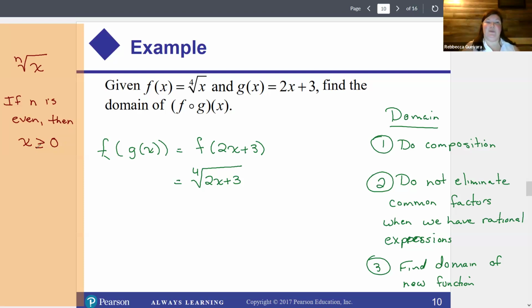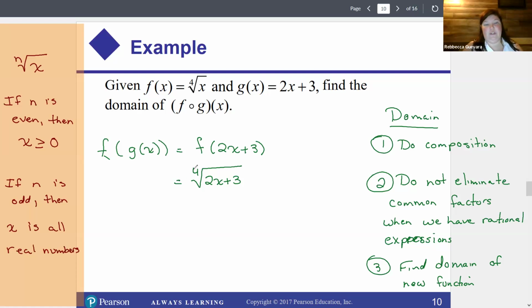That also applies to a fourth root, a sixth root, an eighth root, a 10th root, etc. If n was odd, so like third roots, fifth roots, seventh roots, in that case, x is all real numbers.